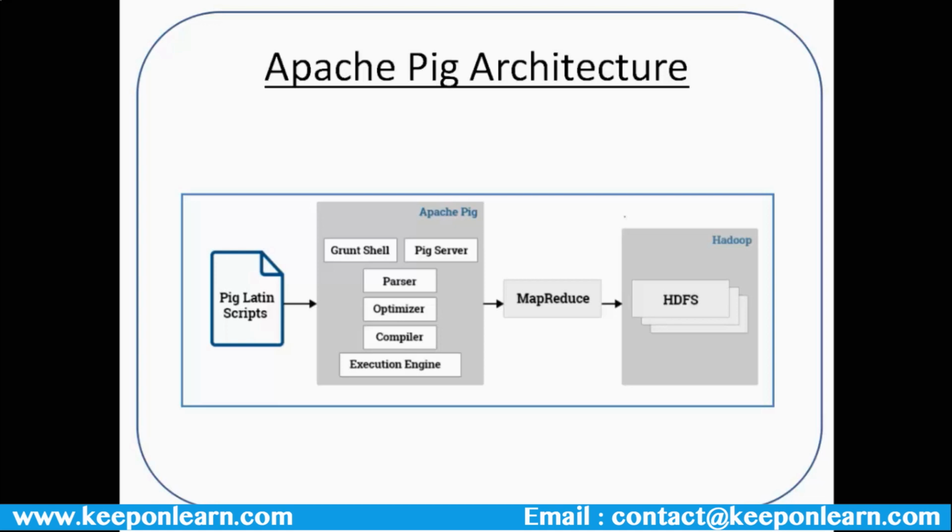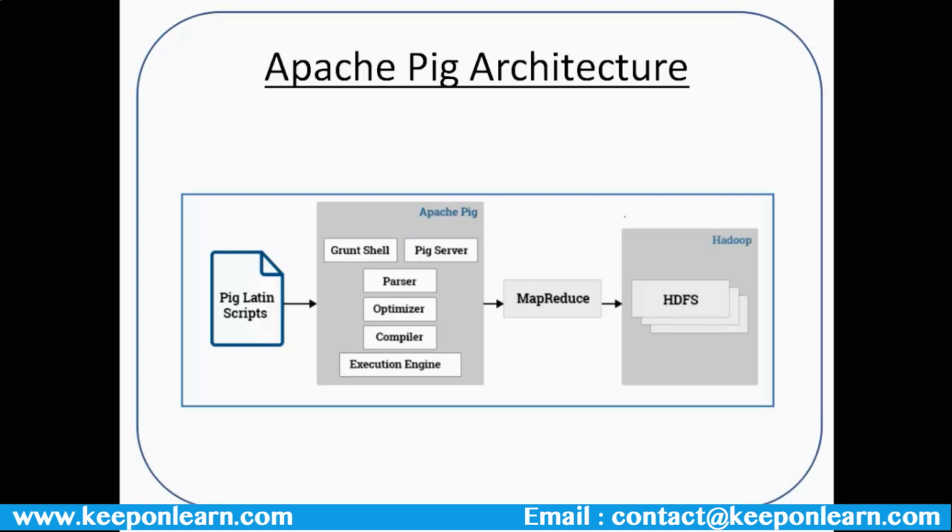Once you have handed that over to the resource manager or job tracker, the flow is completely as usual. The MapReduce program will be created and will work on top of our data stored in the HDFS file system, exactly the same way. There is no change at all from there onwards.